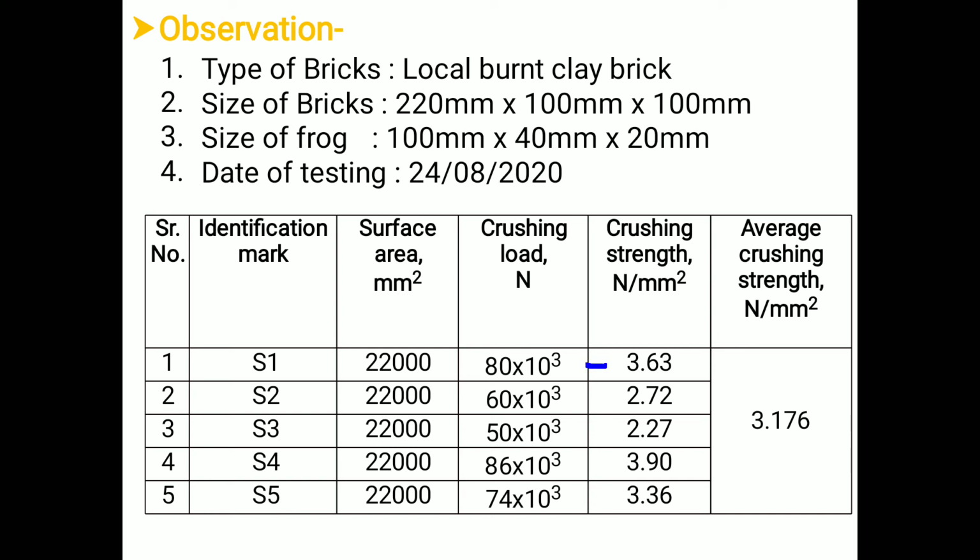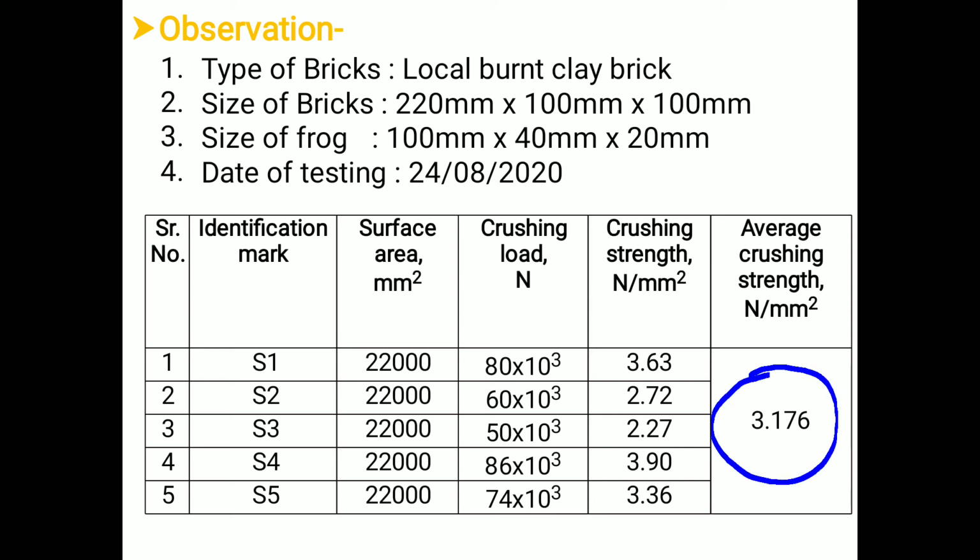Similarly, by using the same formula, the crushing strength of the second brick is 2.72. For the third brick it is 2.27. For the fourth brick it is 3.90, and 3.36 for the fifth brick. So these are the individual crushing strengths of the bricks, and if you consider the average of them, it is 3.176.